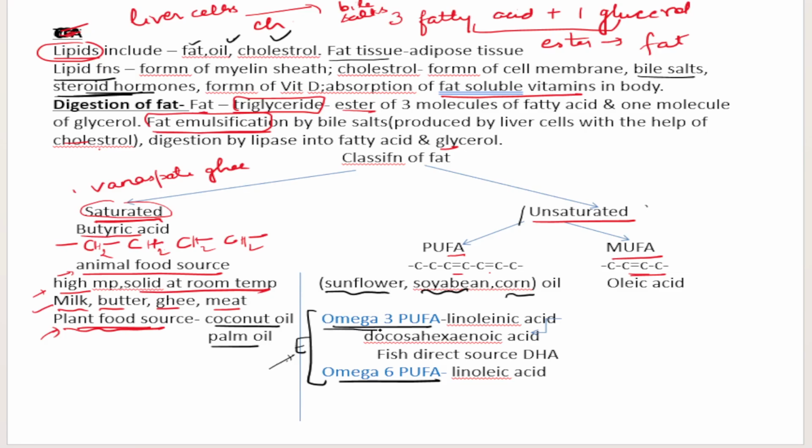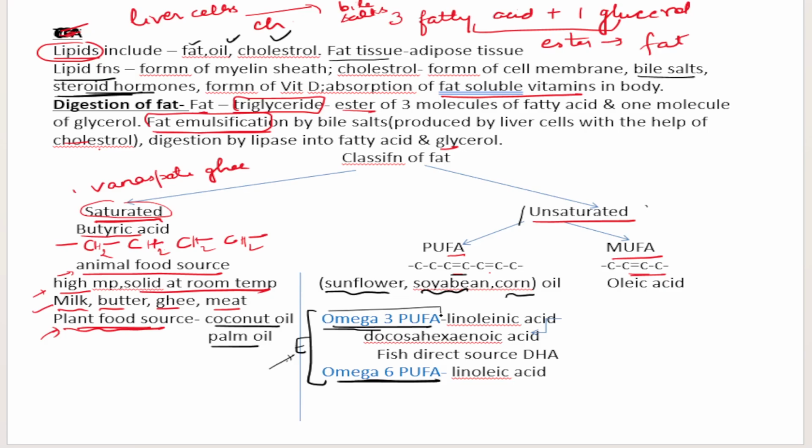One is the omega-3 polyunsaturated fatty acids, in which the double bond is present on the third carbon atom. It starts from the third carbon atom. And another is the omega-6 polyunsaturated fatty acid, in which the double bond starts from the sixth carbon atom.